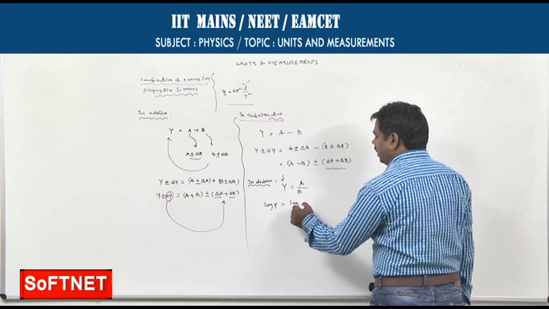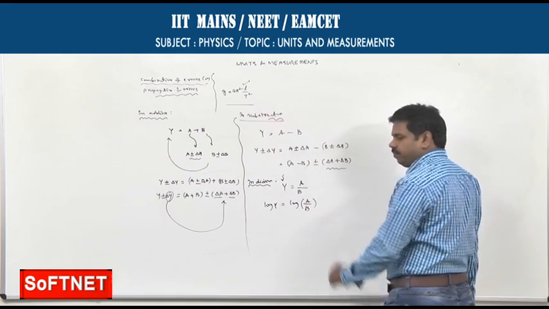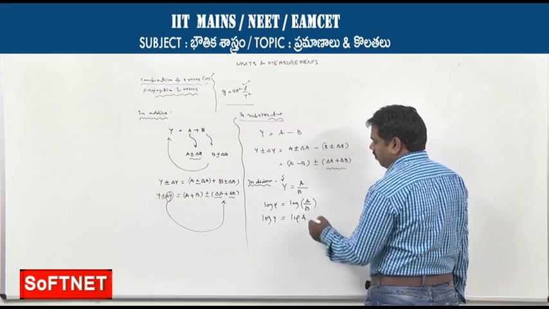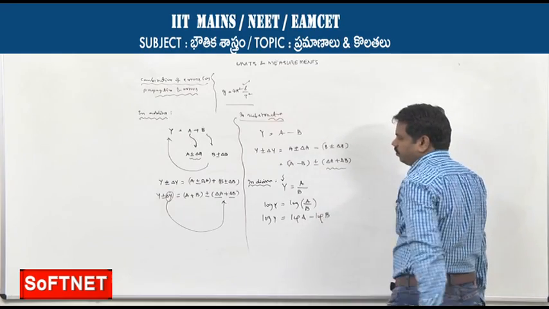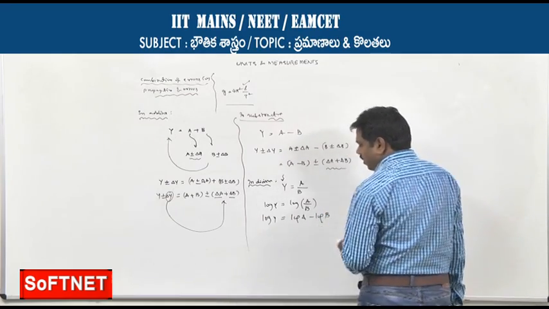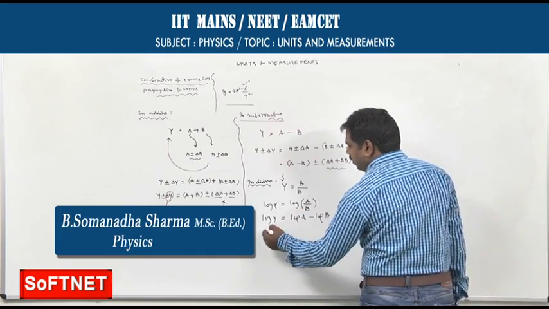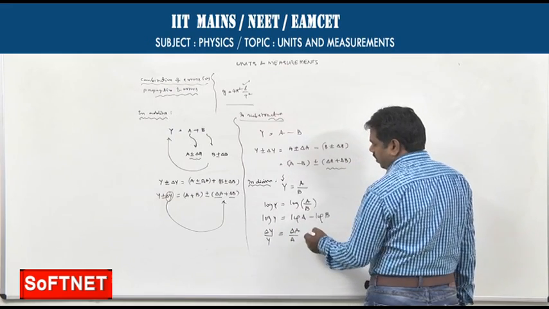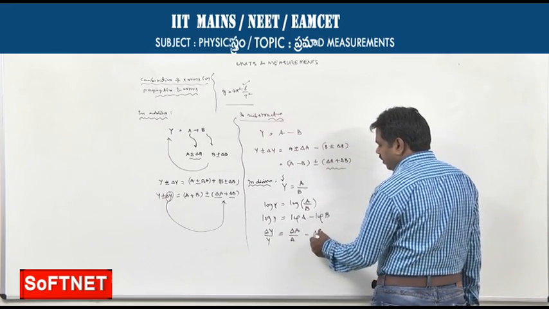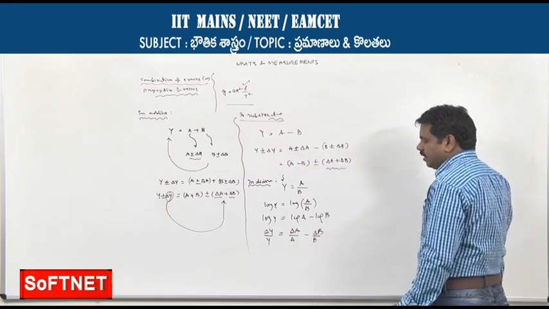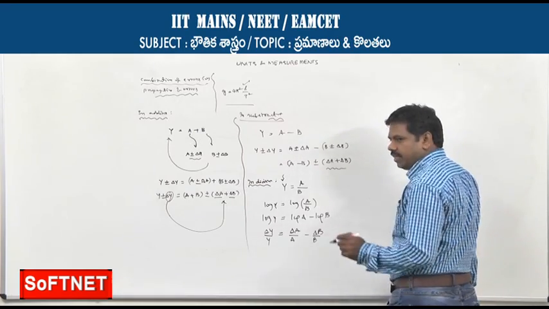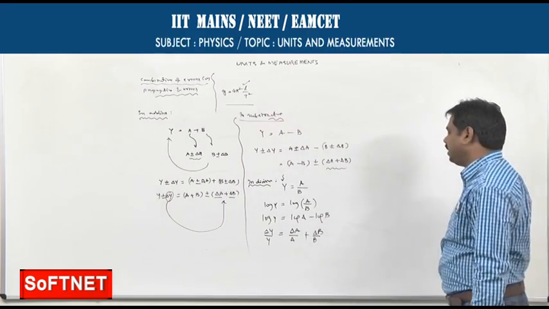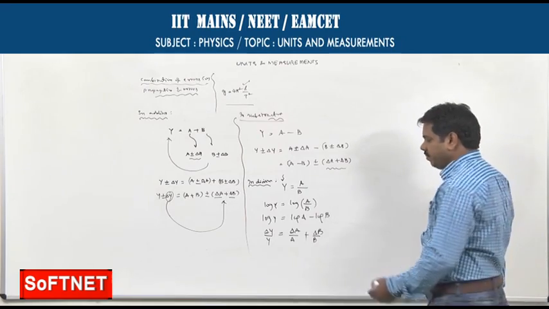Log Y is equal to log of A by B, so we get log Y is equal to log A minus log B. Now, if you differentiate this, you will get delta Y by Y is equal to delta A by A minus delta B by B. But we already discussed that the maximum error will always be positive, and hence this can be written as delta Y by Y is equal to delta A by A plus delta B by B.